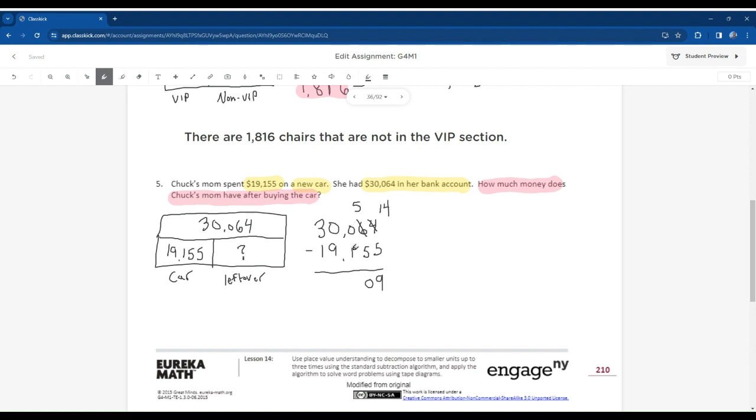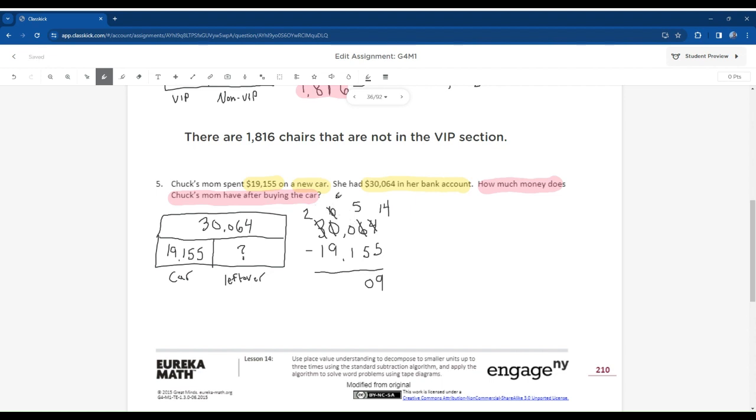Now 0 minus 1, I would need to regroup. I don't have any thousands to regroup from, so I need to jump all the way over here to my 10,000s. So I'm going to regroup 3 10,000s for 2 10,000s and 10 in the thousands place. Still didn't solve my problem of needing hundreds, but now I have some thousands I can take from.